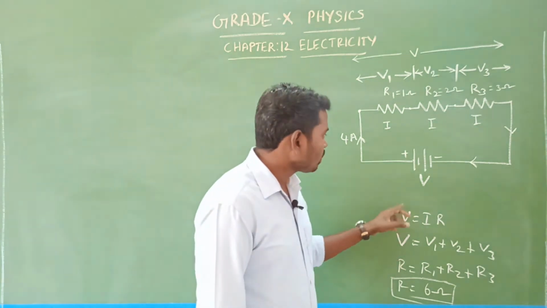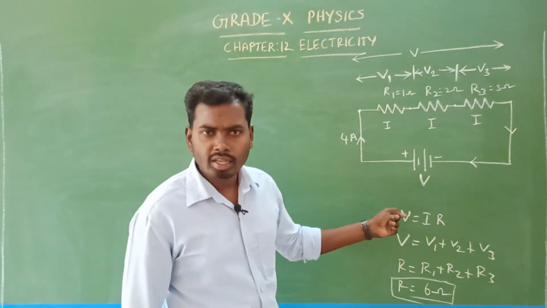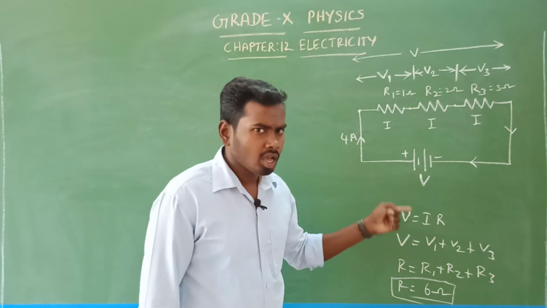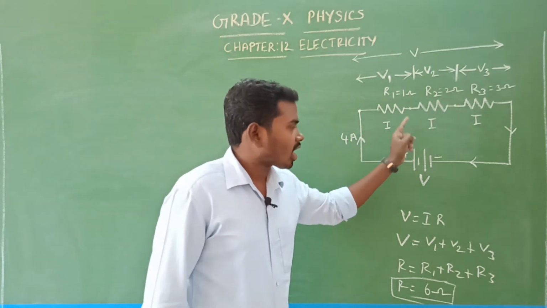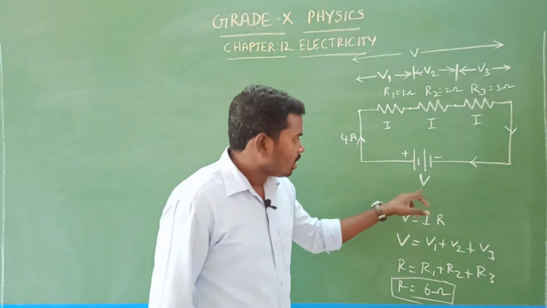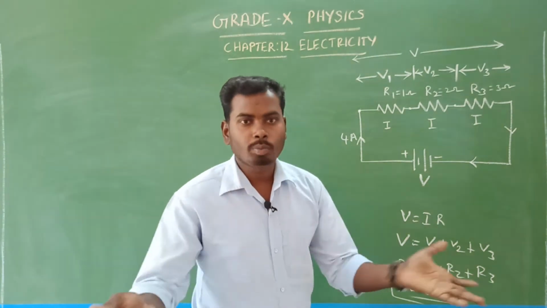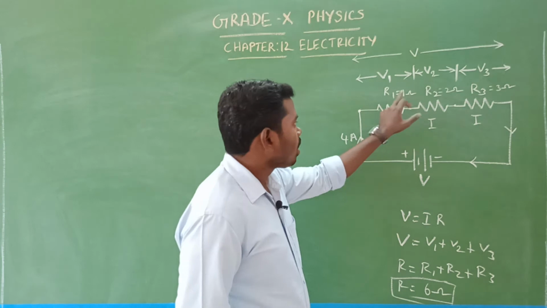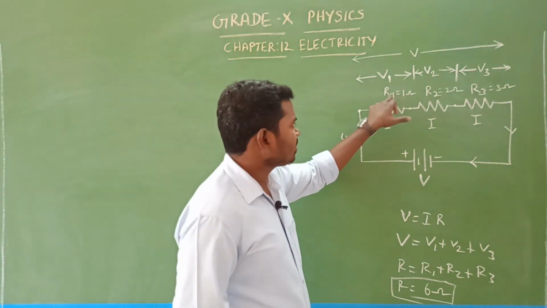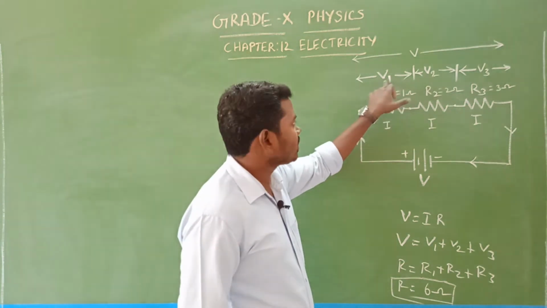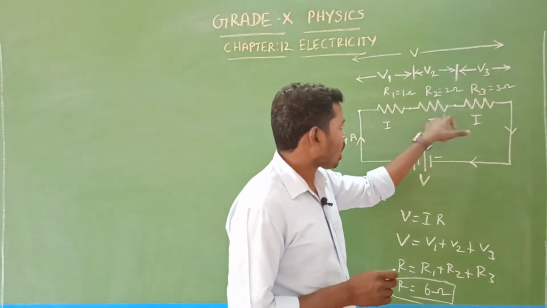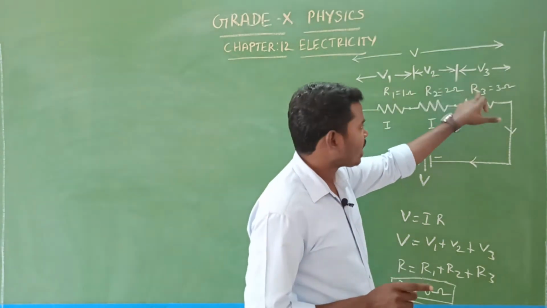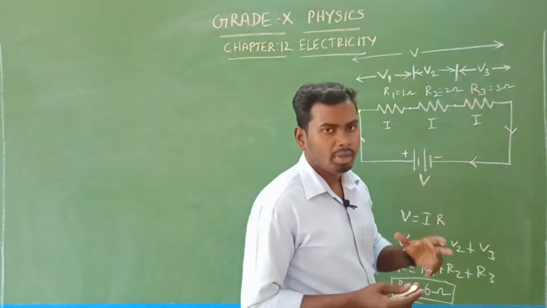Next one, voltage. What happens to voltage? When two or more resistors are connected in series, the voltage gets distributed. Across the resistor R1, the voltage will be V1. Across the resistor R2, the voltage will be V2. And across the resistor R3, the voltage will be V3.